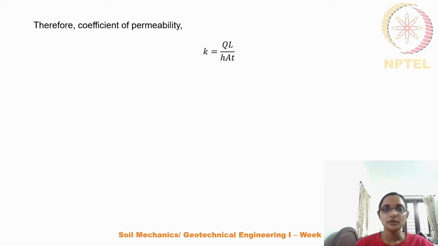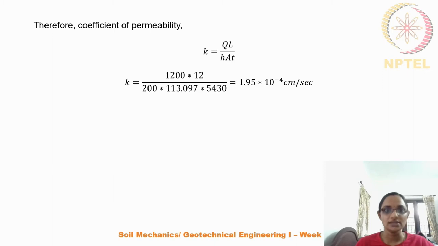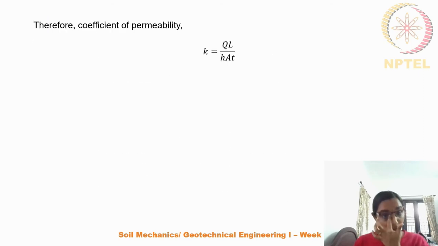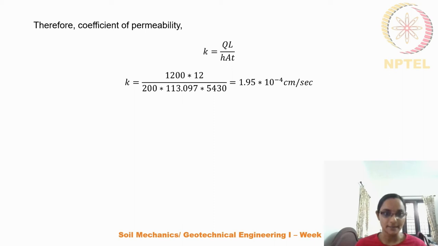Here Q is the capacity or the total discharge, that is 1200, L is the length or height of the soil sample, H is the constant head, and A is the cross-sectional area of the soil sample.